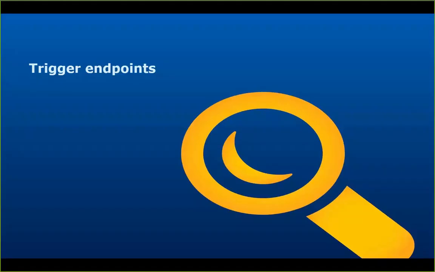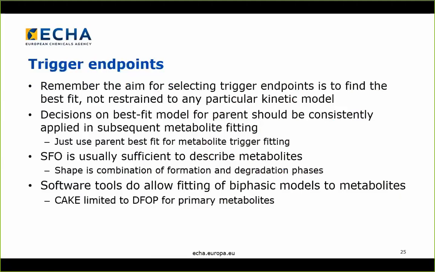Trigger endpoints. Simple. Remember, the aim for selecting trigger endpoints is to find basically the best fit model that's not constrained to any particular kinetic model form. So you're not restricted like you are with modeling endpoints where you might want to accept an SFO fit. And it's more simple than you'd think, because the decisions that you've already taken on the best fit model for your parent should be consistently applied when you have subsequent metabolite fitting.